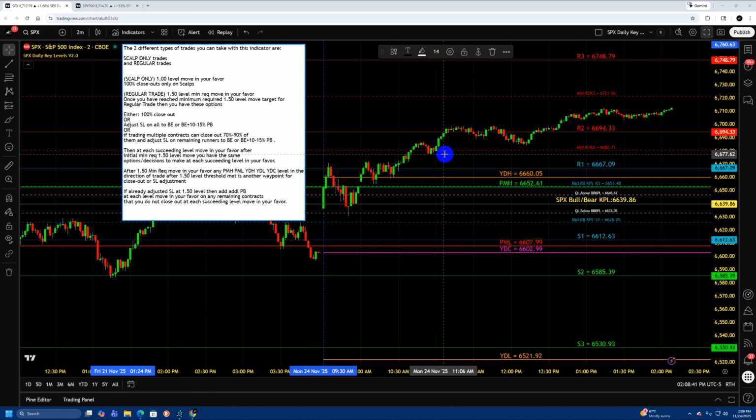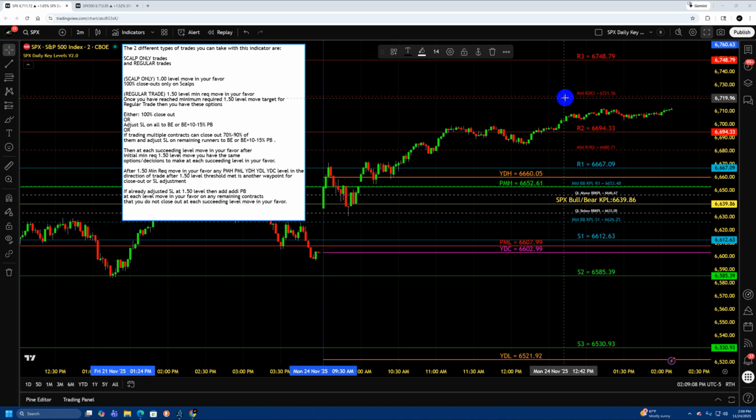So when it, for example, moves from the 1.5 level move here up to the 2 level move here, then you can either close out the remaining contracts, or you could add an additional profit buffer if you were so inclined to further tighten up your stop loss by adding on an additional amount to your price-based stop loss at that time.